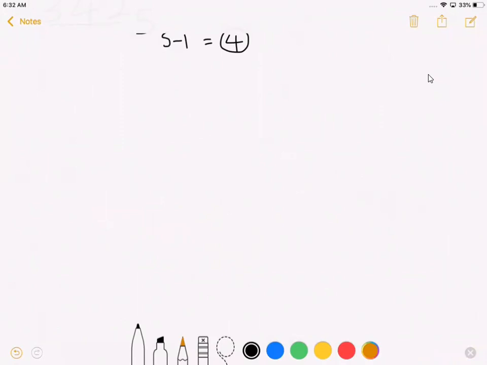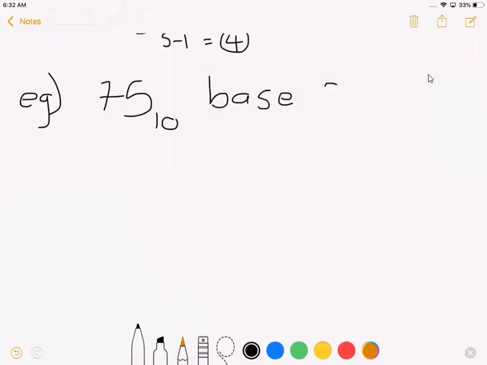Given a number, for example 75, which is in base 10, we want to convert it to a number in base 5. You are given 75 in base 10 and you are required to convert it to base 5.